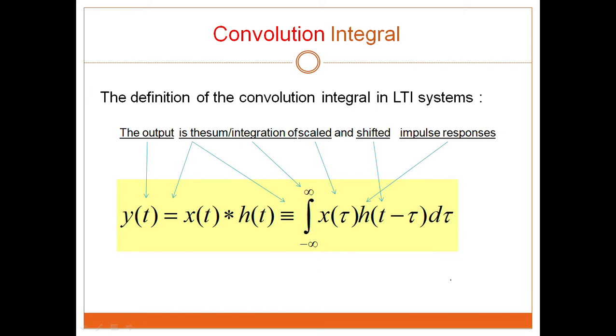In other words, the output is the sum, or the integration, of a scaled and also shifted impulse response. Why scaled? Because if there is a value here when we substitute, it becomes scaled.